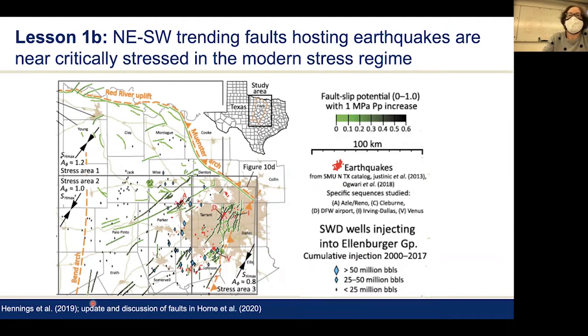So it goes back to that Viola-Simpson unit. In the eastern part of the basin, no, because there's a unit that really separates the Barnett from the Ellenberger. Out in Azle, one of the reasons why we think there's earthquakes in the injection unit is because the Viola-Simpson doesn't exist there.